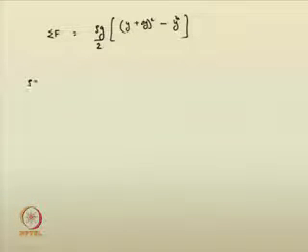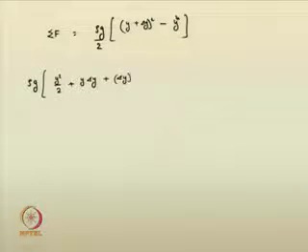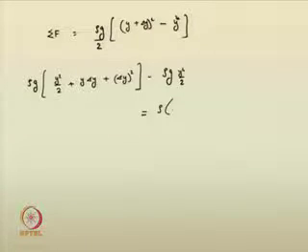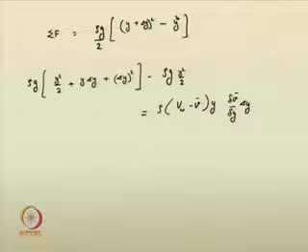So I will get the following: rho g times (y squared by 2 plus y del y plus del y whole square by 2) minus rho g y squared by 2 is equal to rho times (V w minus V bar) into y into del V bar by del y into del y.